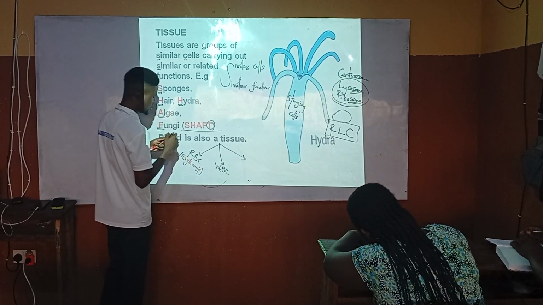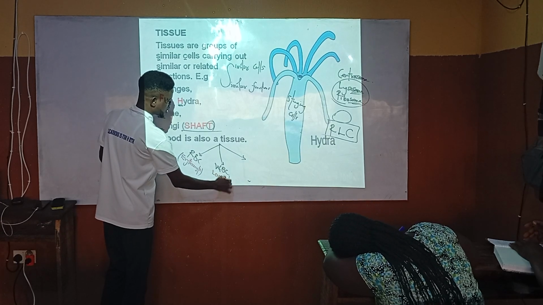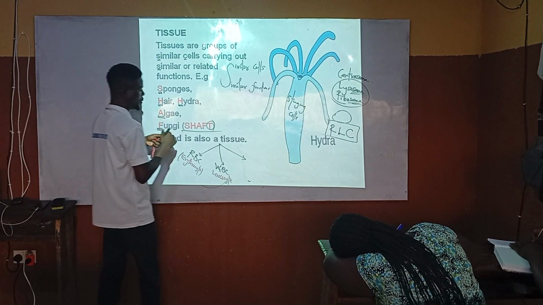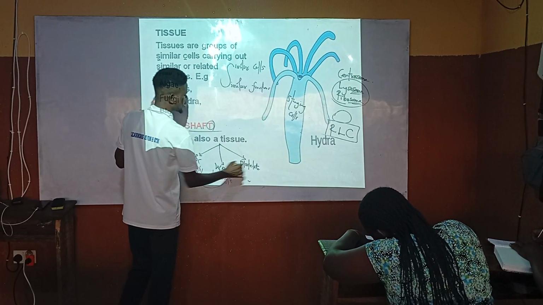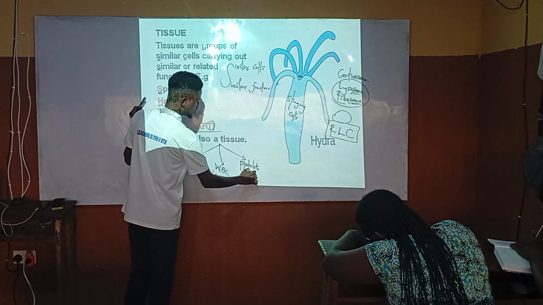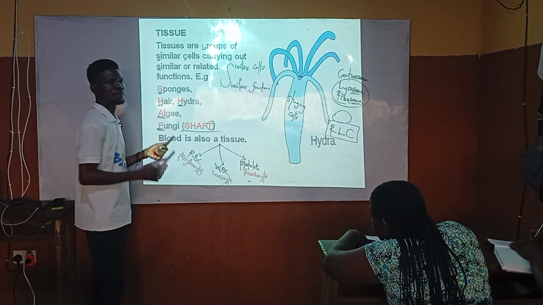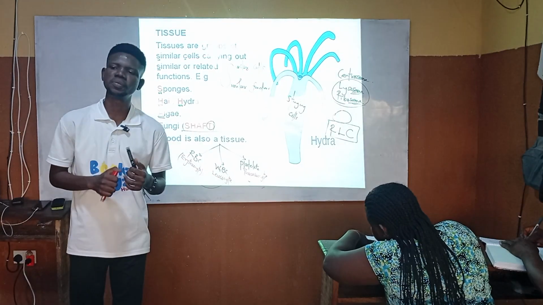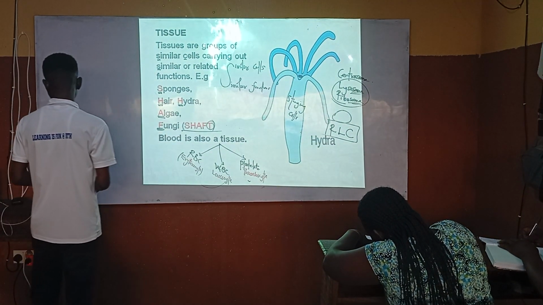White blood cell, also called leukocytes. Then we have the platelet, called thrombocytes. Because we have cells making up the blood, that makes the blood a tissue.